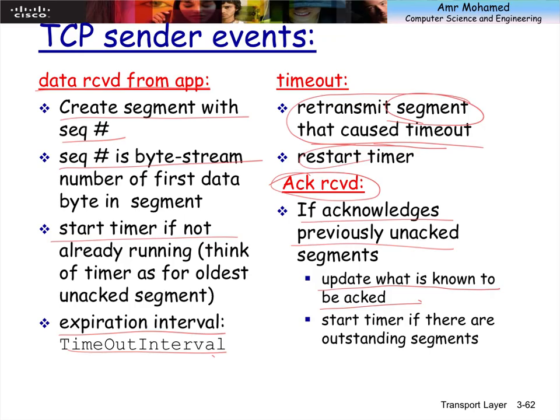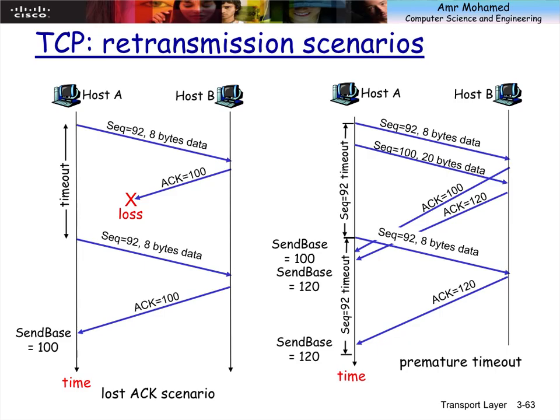So even if one or two of these acknowledgements were lost, I can still have no effect whatsoever. Then start the timer if there are outstanding segments. That makes sense.